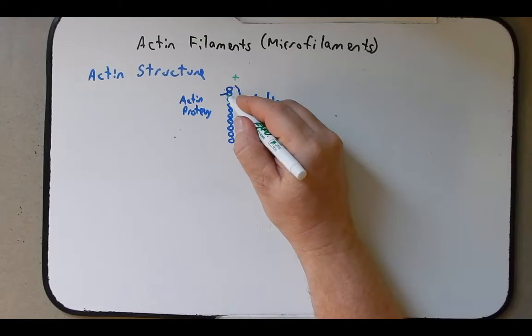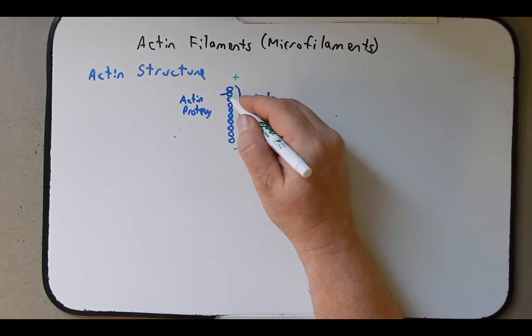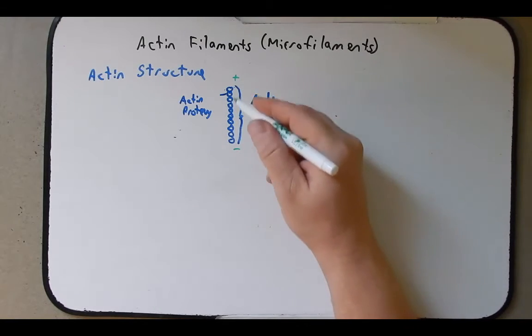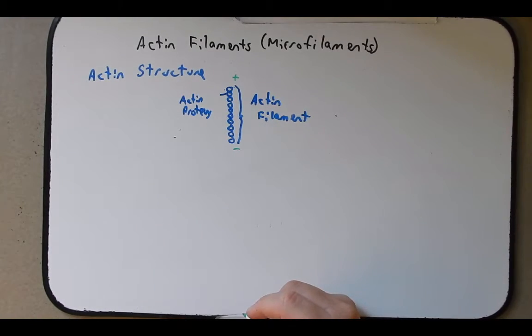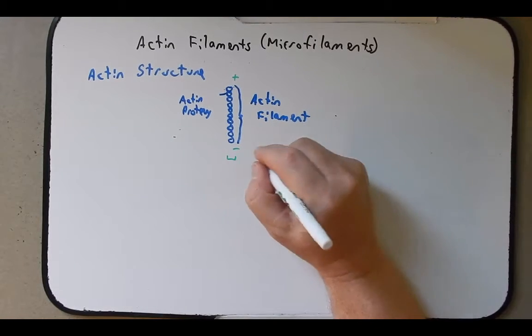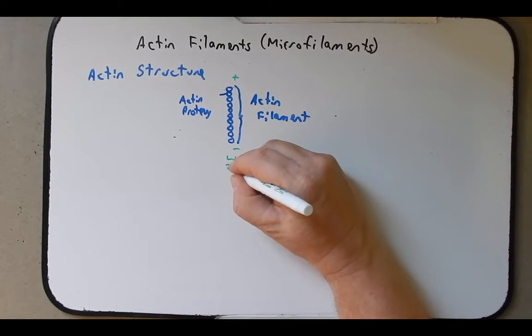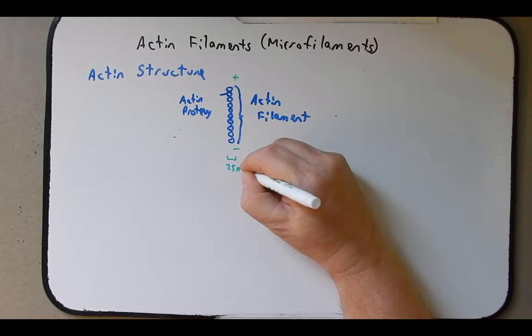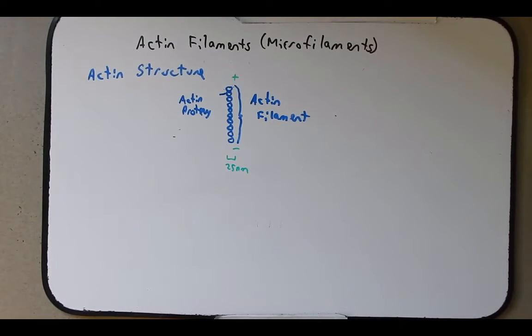Because the actin proteins have a polarity to them, meaning one end is different than the other, the filament also has a difference in polarity. They are a little smaller than the microtubules. They're only about 25 nanometers in diameter.